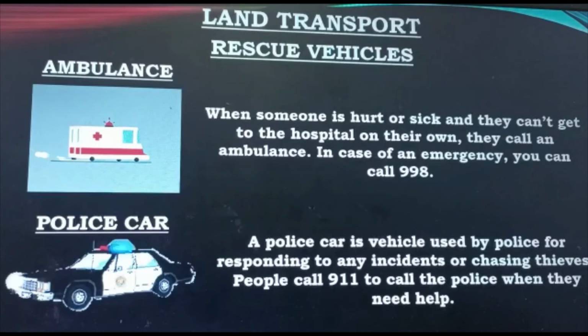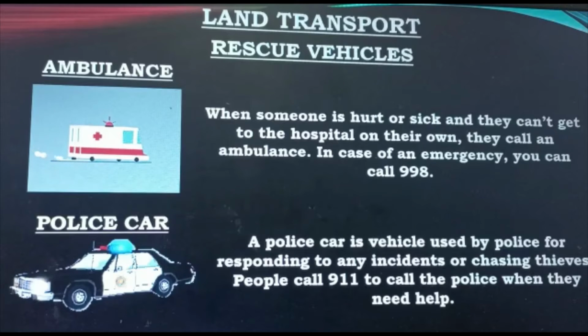Now comes the rescue vehicles, as discussed in the content of the modes of transportation. If you remember the concept map, there was a circle in which the rescue vehicles were mentioned, which we will be covering in our land transport, water transport, as well as air transport. All right.